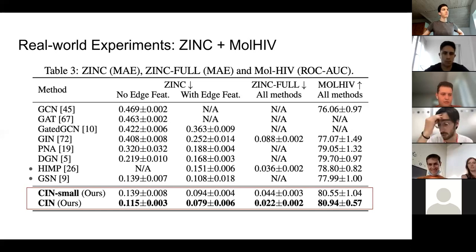In GSN, for example, we have a nice ablation study on ZINC where we considered other substructures, not necessarily rings, for example paths or trees. In principle, they are able to break the symmetries between nodes even further.